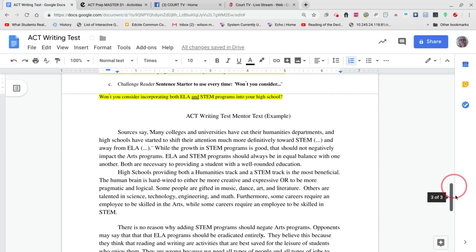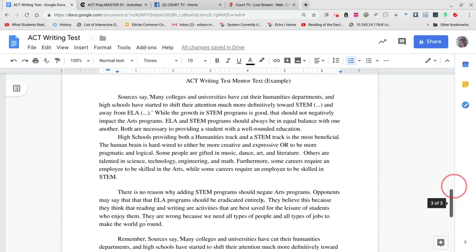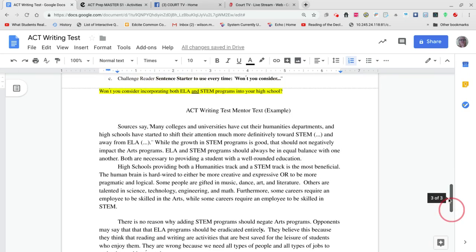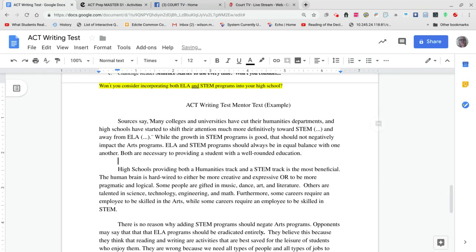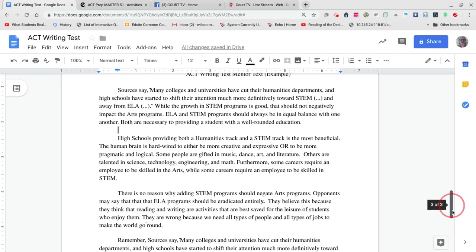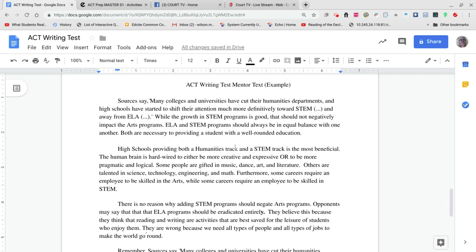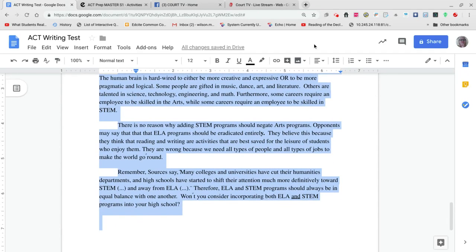So what that does here is if I take away my outline, it looks like a 4-paragraph essay. Oops, I want to add, there we go, a 4-paragraph essay. And maybe if I don't make it double spaced, maybe you can see it all at one time.